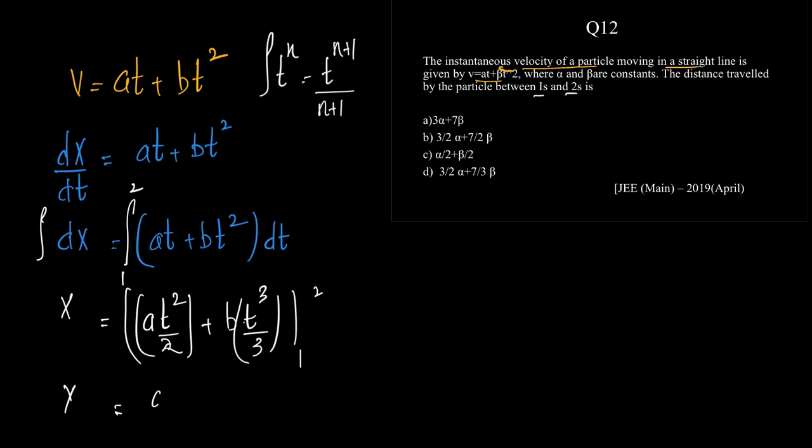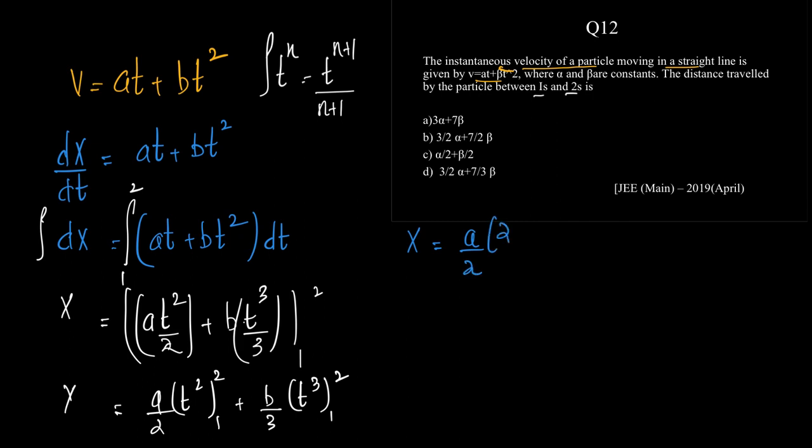So x we can write as a by 2 into t square varying from 1 to 2 plus b by 3 into t cube varying from 1 to 2. So x is equal to a by 2 into 2 square minus 1 square plus b by 3 into upper limit 2, 2 cube minus lower limit 1, 1 cube.